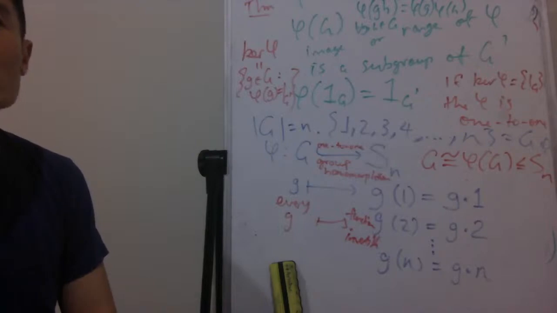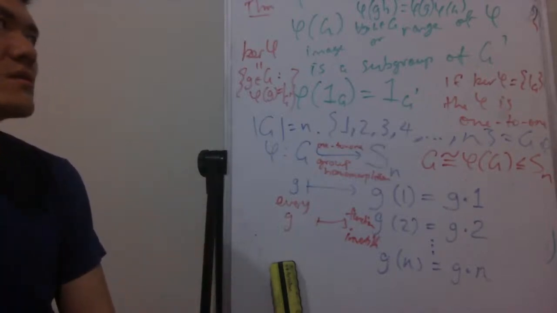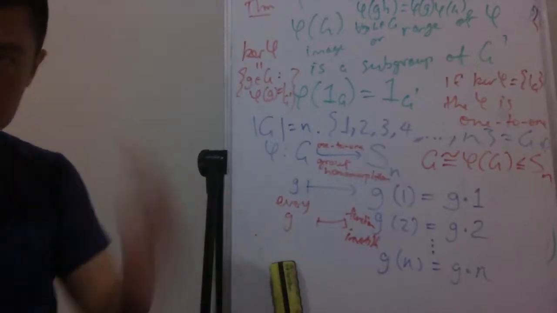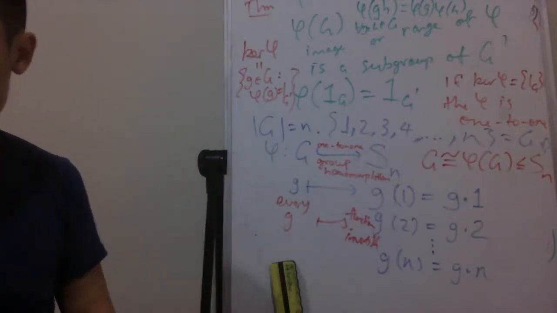Hey, you know what we've claimed today, right? Every finite group is isomorphic, basically a subgroup of Sn for some n. That means we're kind of axiomatizing all the subgroups, and they're functions.